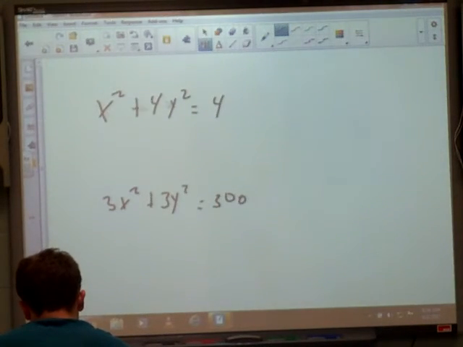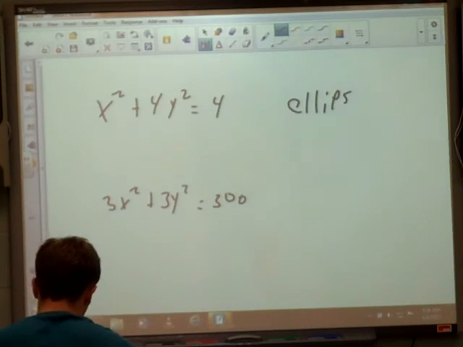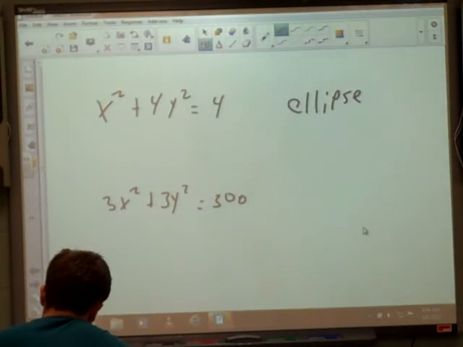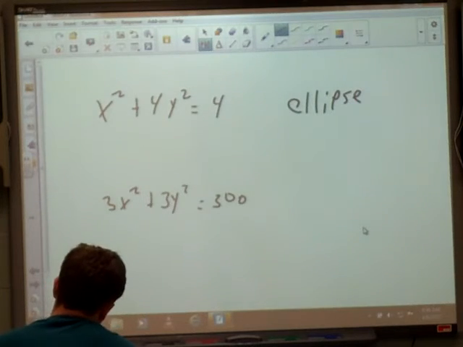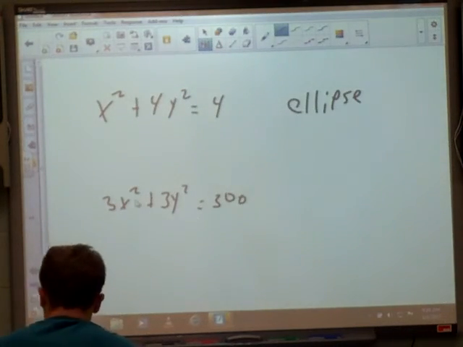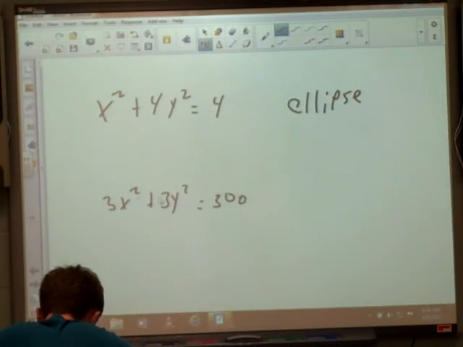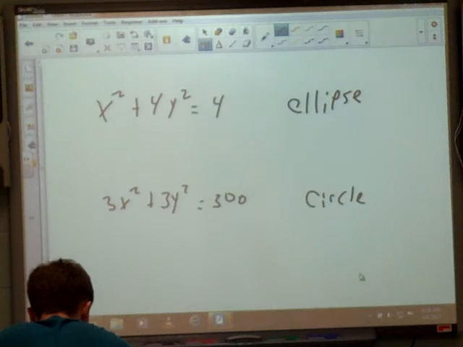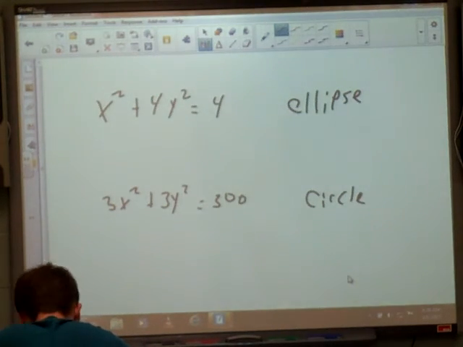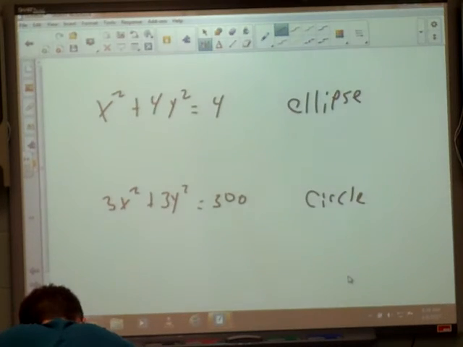So this one could not be a circle. So our only other option means it would be an ellipse. Good. Okay, so this one here, I've got same coefficients. So that one would be a circle. So that's an easy way to check and see if you're dealing with a circle or an ellipse, by what your coefficients are.